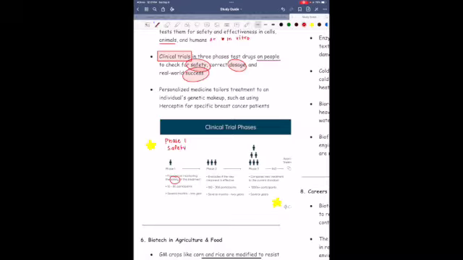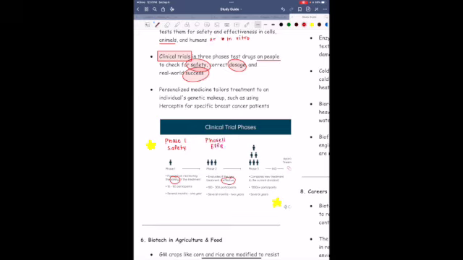Phase two is going to see if that drug is effective against the treatment. And that's going to have the second most amount of people. And then the third phase is going to have the most. And once again, this is just going to check for large scale effectiveness. So it's really important that you know what happens in all three steps.